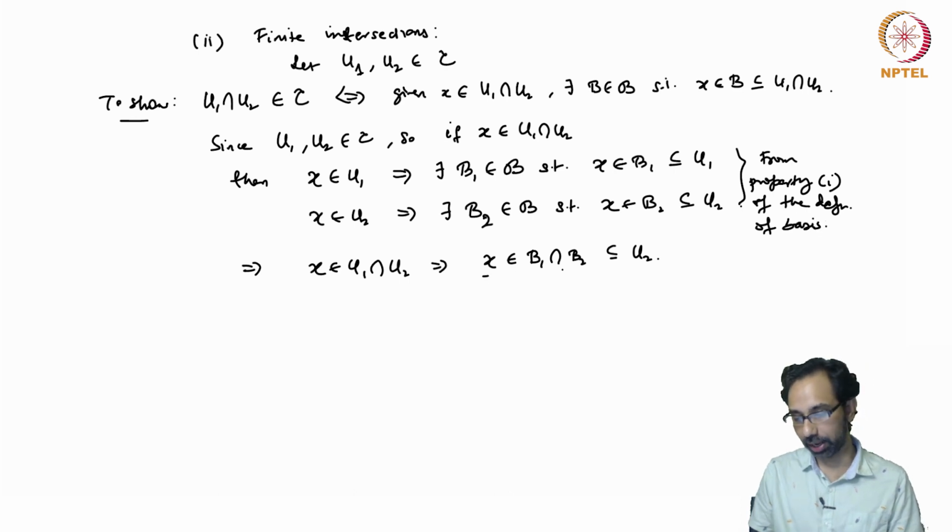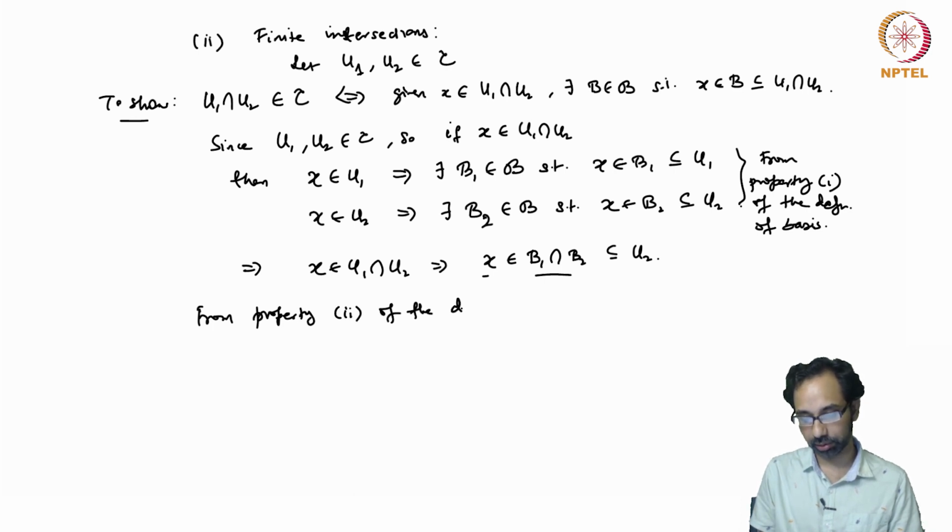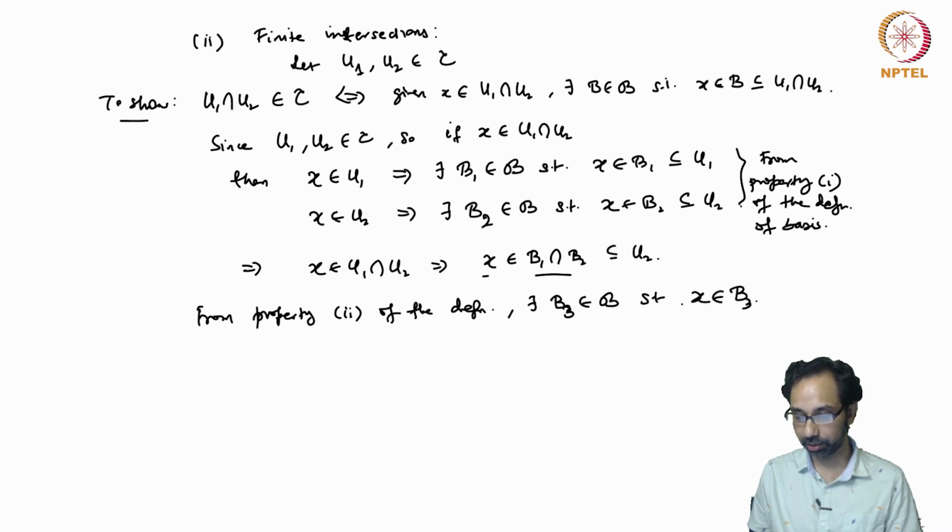And now we have that x belongs to the intersection, but notice that the intersection is not automatically a basis element. But from property 2 of the definition, there exists a B3 in B such that x belongs to B3 and it is a subset of B1 intersection B2, and this is a subset of U1 intersection U2.